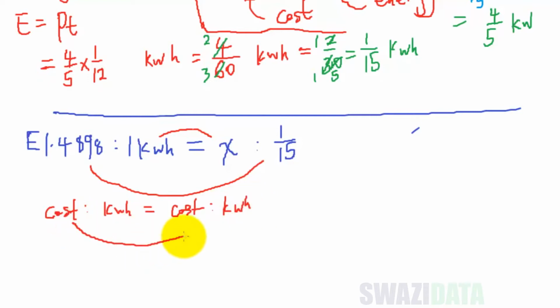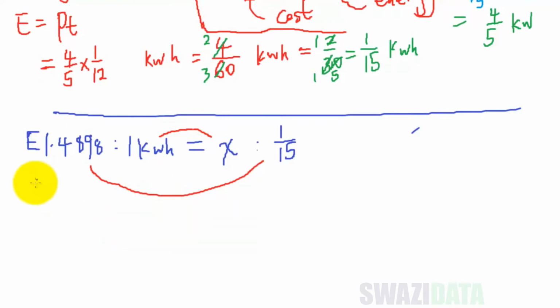So 1.4898 multiplied by 1 over 15 must equal 1 times x.